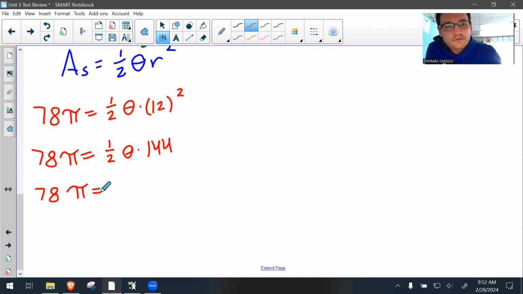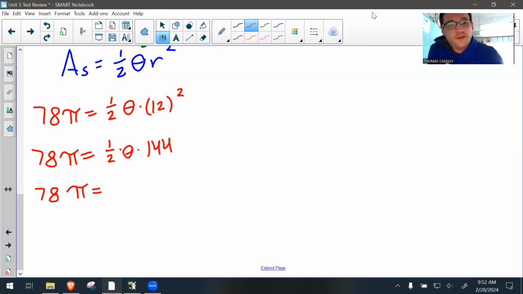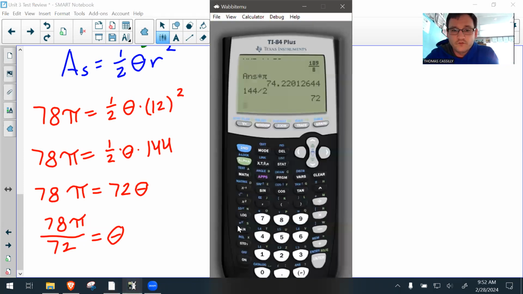Simplify it further, 78 pi equals 144 times 1/2, which should give us 70 something. I think it's 77. 72, how about that? Equals 72 times theta. That means theta is 78 pi divided by 72. And that is a fraction we can reduce.